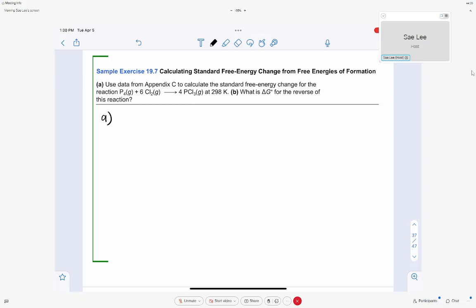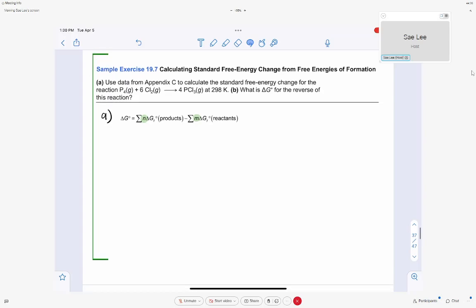We're going to use the equation that we just learned to calculate the change in standard free energy of the reaction.